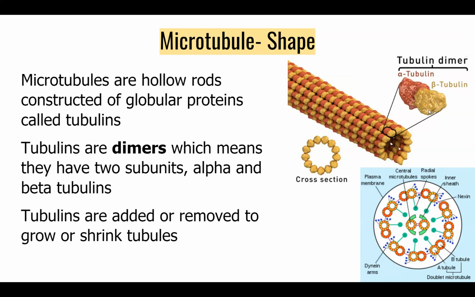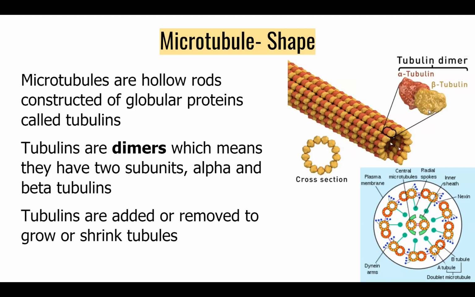And they work together in these little pairs, and these little pairs will wind up on one another and build these really long tubes. And in order to grow or shrink the tube, all you have to do is add or subtract these tubulins. So if we wanted to grow out our microtubule, we just tack more tubulin proteins on there.